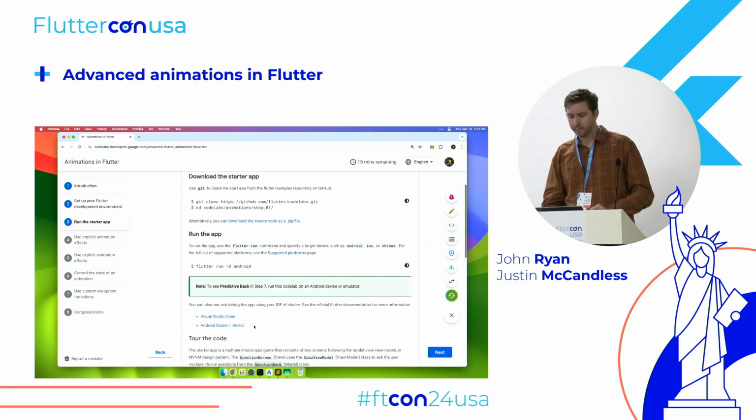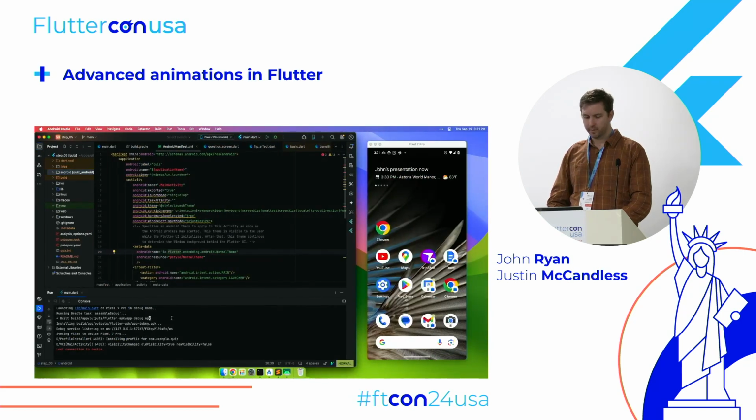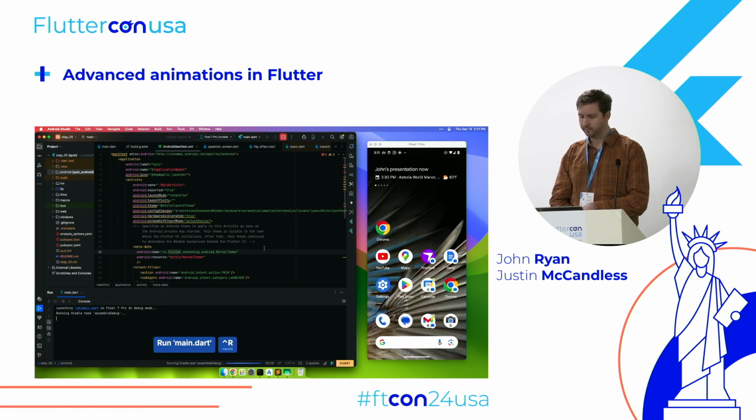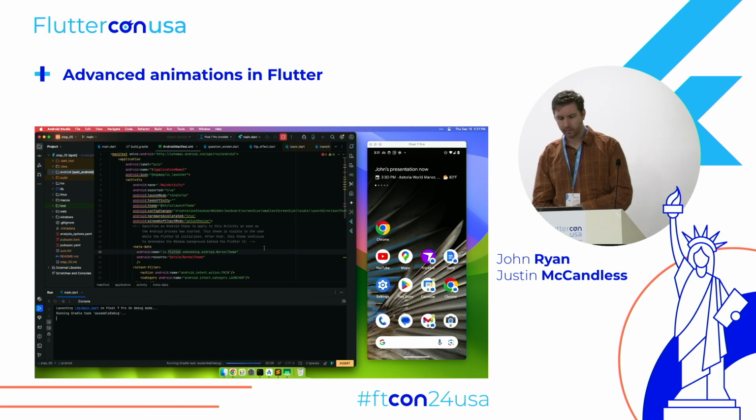So I'm going to run the starter app here. I'm going to go over here, and in my IDE, I'm running Android Studio. I'm just going to run the app here. Give that a minute to start up.